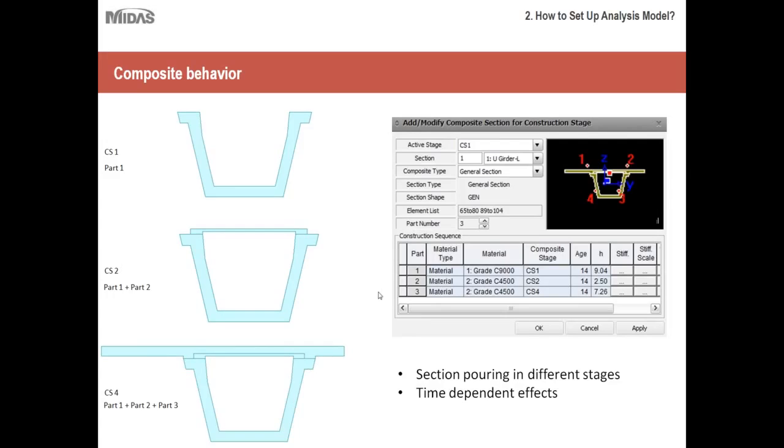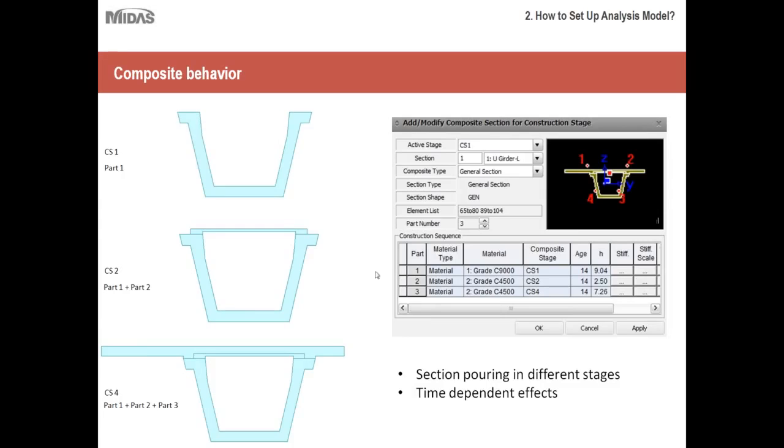So you must consider this composite behavior, and for that engineers face even more challenges, and many times the girder material, the lid material and the deck material are not the same. As you can see in this example here, the part 1 material is C9000, and part 2, which is the lid and the deck, has C4500 grade concrete.